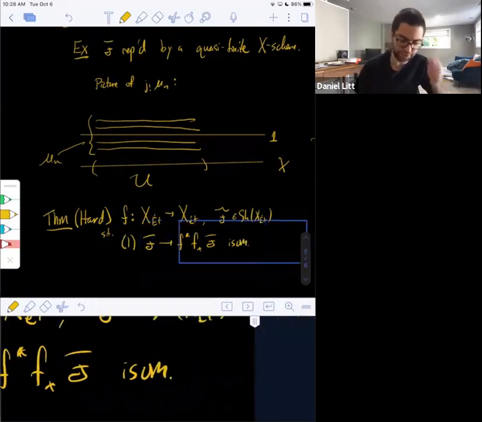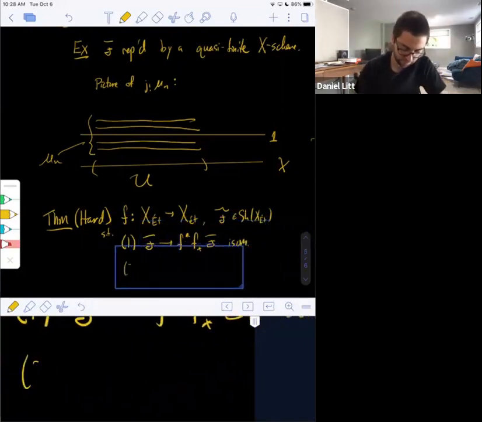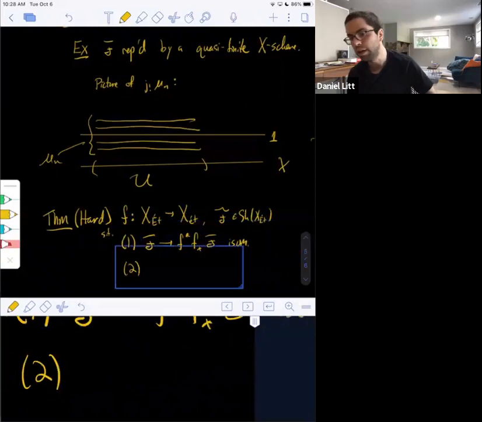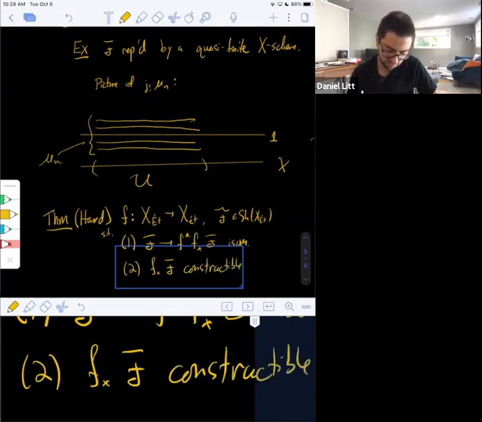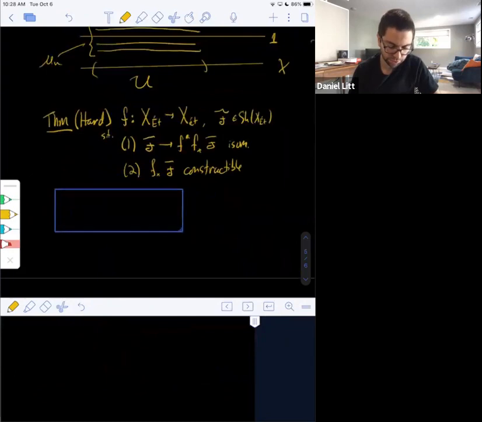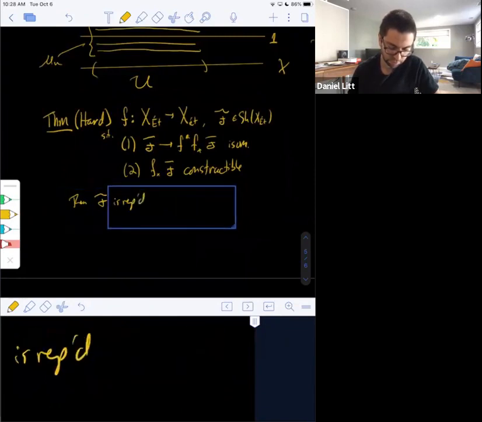I'll say what this means in a second. And two, f lower star of F is constructible. Then the theorem is that F is represented by a quasi-finite X-scheme.